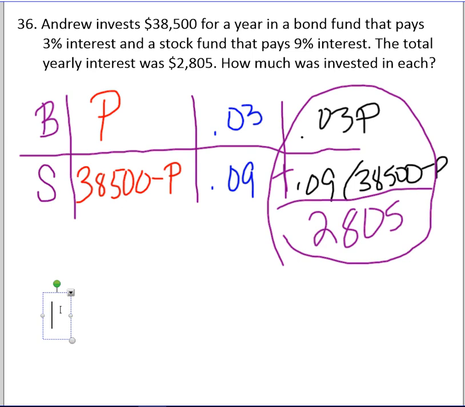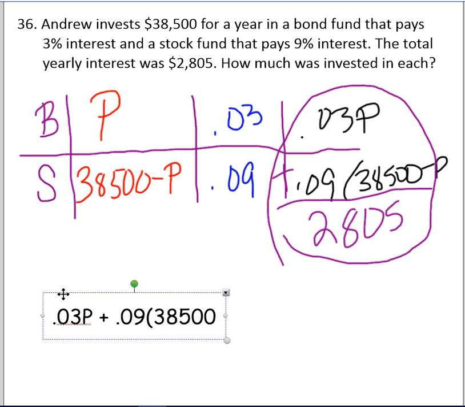So when we go to build our equation, we have our 0.03p plus our 0.09 times the difference of 38,500 minus p, and that equals our $2,805 in interest. And we'll solve it from there.